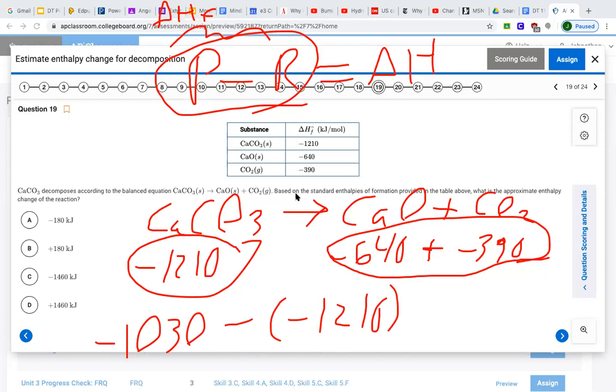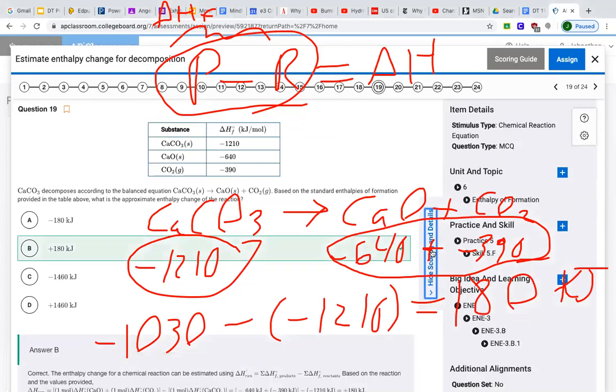So that's ultimately an addition. So you're actually going to add 1210 to negative 1030. And when you do that, you end up with positive 180, okay? And our unit is kilojoules. And we'll double check that that's correct. And there was much rejoicing.